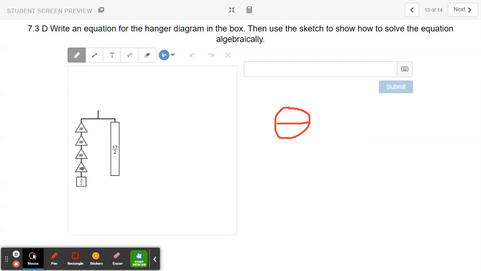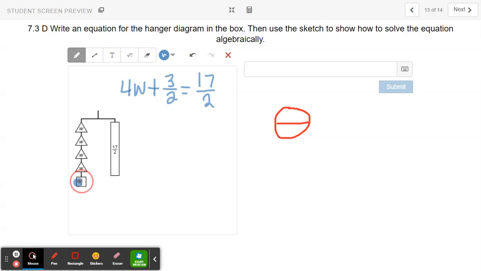We've got 4 W's plus 3 halves equals 17 halves. We want to know what just the W's are, right?